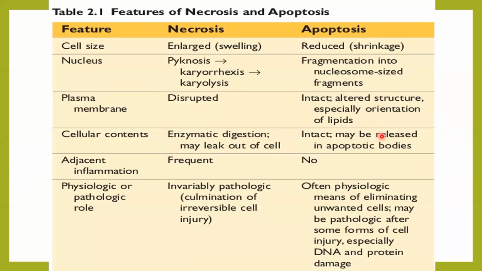Whereas this one, they're intact. The plasma membrane is the trick. It remains intact and they are released as apoptotic bodies. Necrosis provokes inflammation, apoptosis does not provoke inflammation. Necrosis is physiological or pathological in its causation, whereas this one is quite variable.